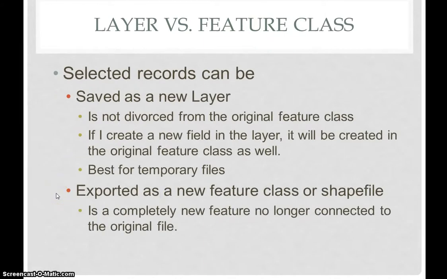One of the things she talks about is a layer, so taking a selected feature and saving it as a layer instead of saving it as its own feature class. So once the records are selected, you can take those and do some mapping and some analysis on them as a separate layer file.